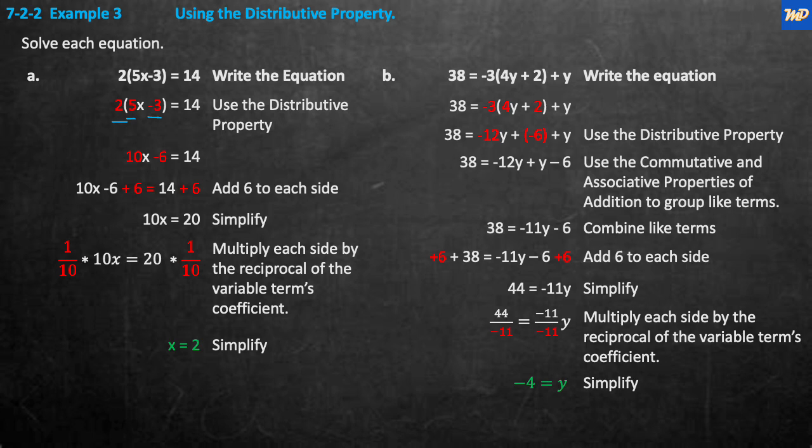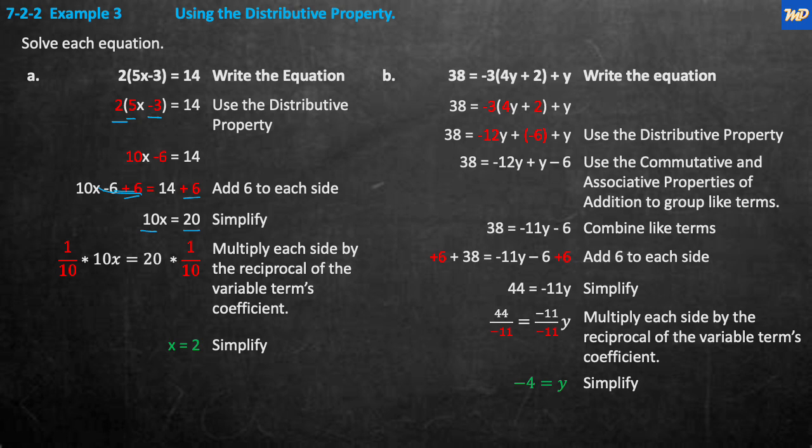We want to add 6 to both sides to get rid of the minus 6. So we'll have 10x minus 6 plus 6 equals 14 plus 6. Simplified, we have 10x is equal to 20.